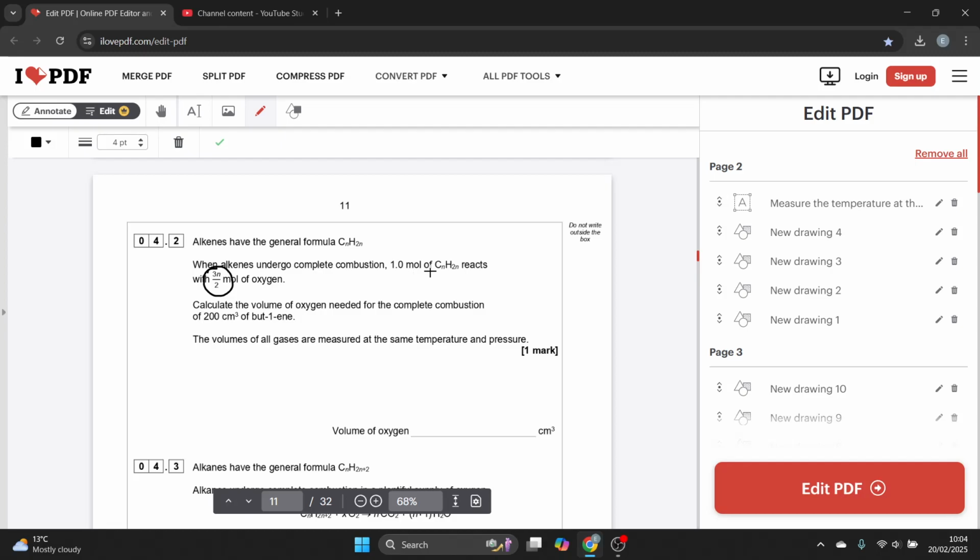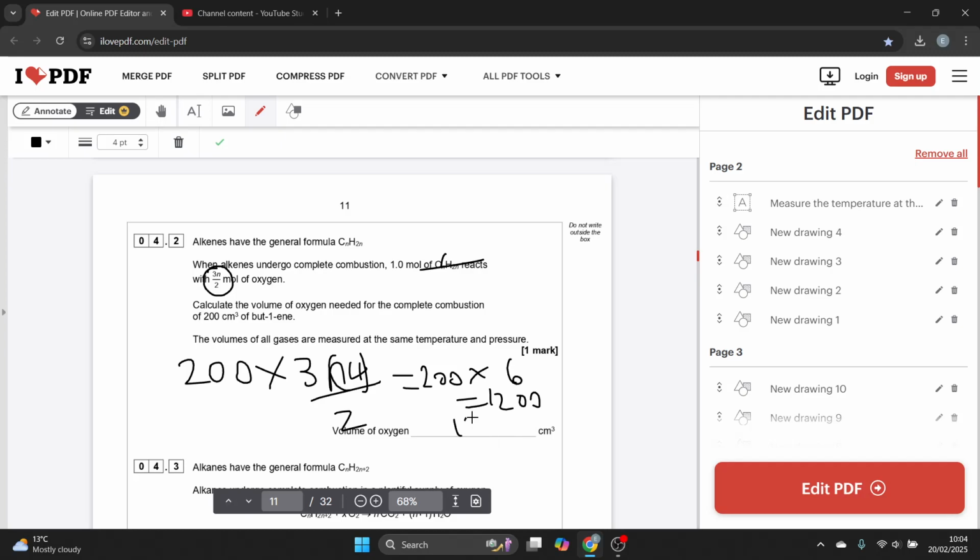Alkanes undergo complete combustion: 1 mole of an alkane reacts with 3n over 2 moles of oxygen. So I've got butane times the number 3n over 2 of oxygen, where n is the number of carbons, so for butane it's 4. It's 200 times 12 divided by 2, which is 6, so therefore 1200 cm3.